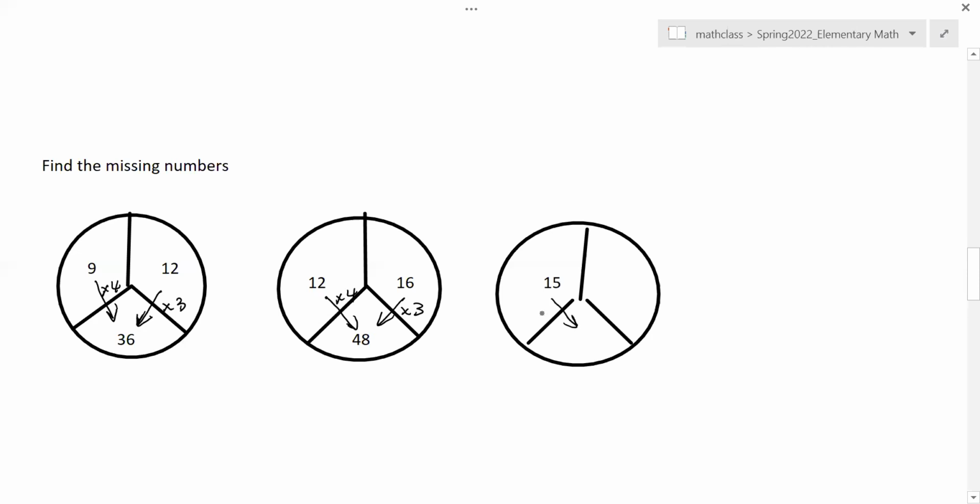This 15 multiplied by 4, right? That's going to be 60, and some number multiplied by 3 should be 60. So that number is going to be 20, I think. Yeah, 20 multiplied by 3 is going to be 60. Right?